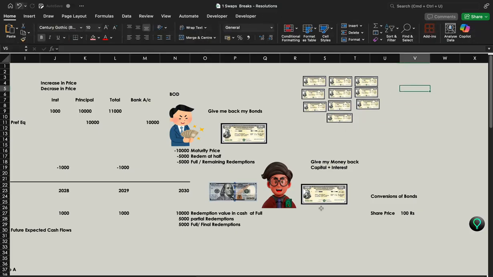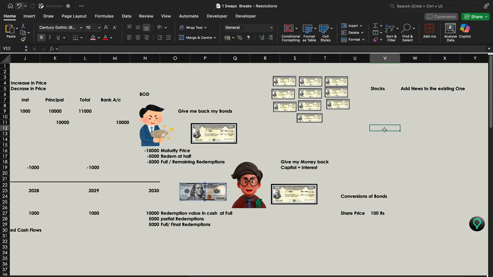So the company can convert, guys, these pending interest payments into stocks, and the company may add new stocks to the existing ones and transfer all of these stocks to investors.